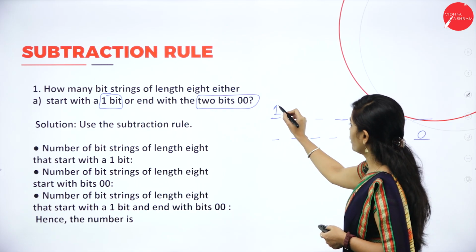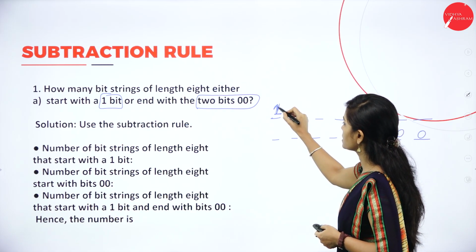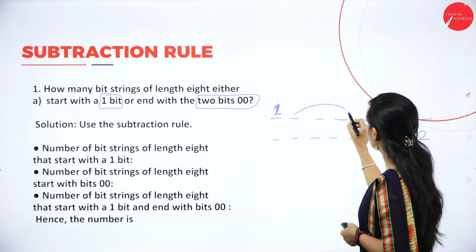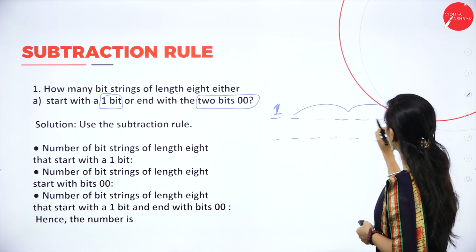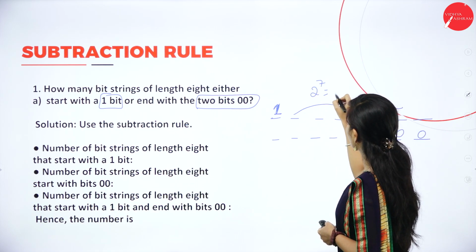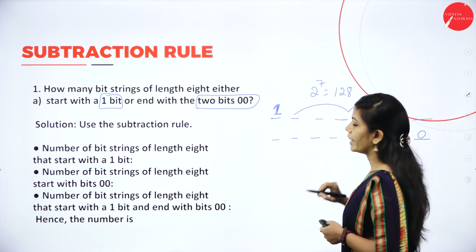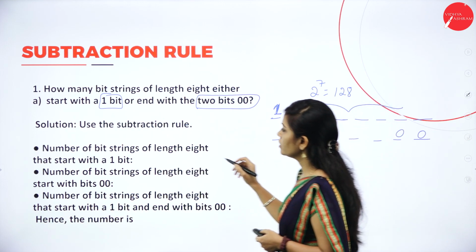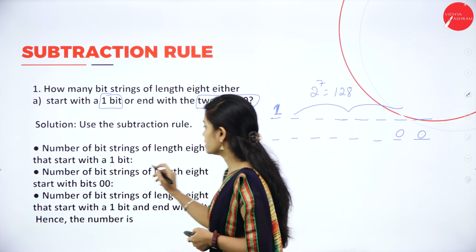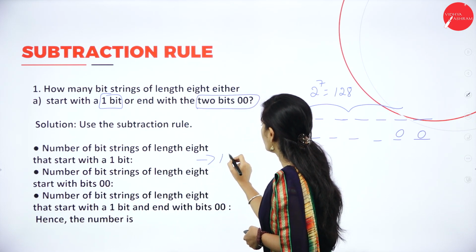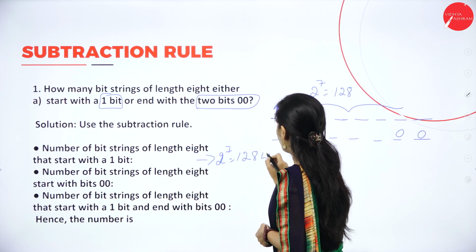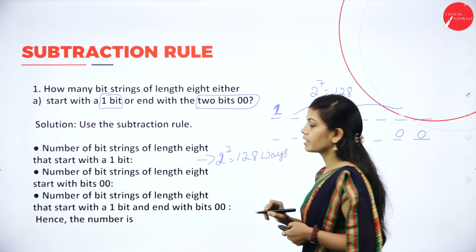Here I have put 1 because it starts with 1, and the remaining bits are 1, 2, 3, 4, 5, 6, 7. It is 2 power 7, equal to 128 ways. Clear?